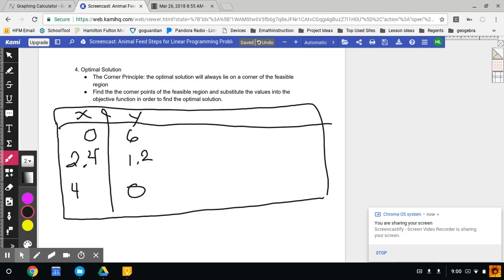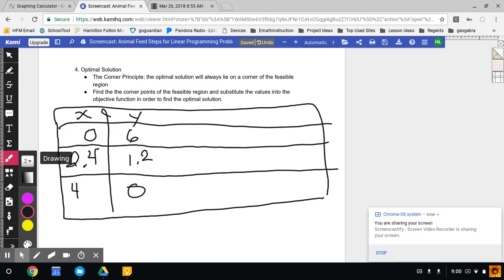These are my y's. I have, terrible drawer, but 3 points that I need to sub into my objective function. My objective function from the top is 0.80x plus 0.50y. So I'm just going to substitute them in.